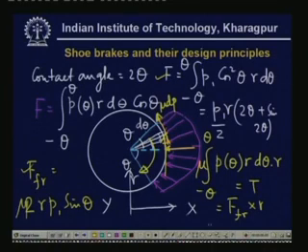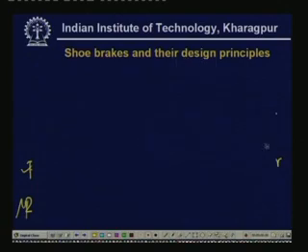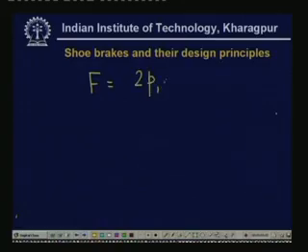This is due to the Coulomb's law. So, therefore, this is the total frictional force, and if you write it down in a more concise way, it becomes something like this, that is F, the total normal force, is equal to twice P1 R... I am sorry, this was half.